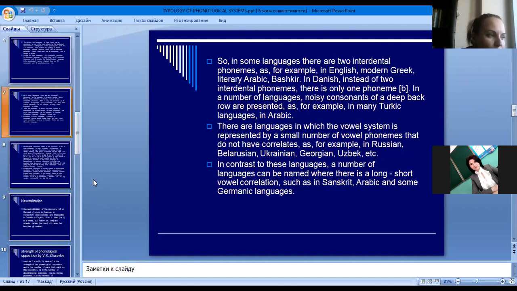It follows from what has been said that the inventory of phonemes, vowels, consonants, their number and composition can be recognized as a general criterion for the typological characteristics of the phonological system of languages which are compared.